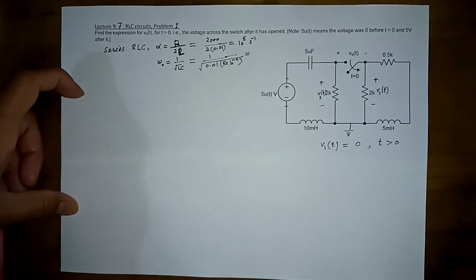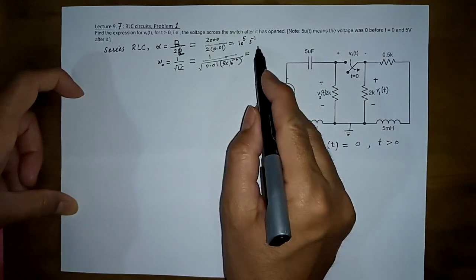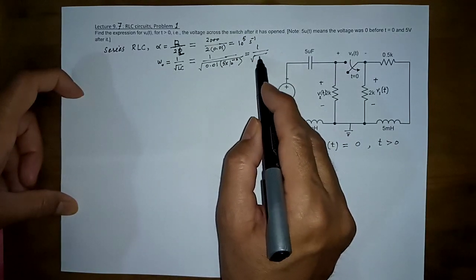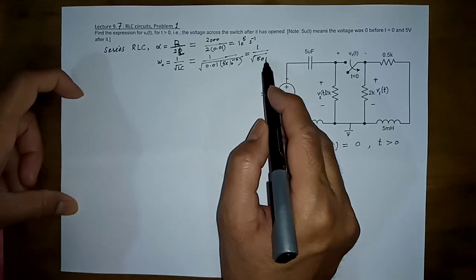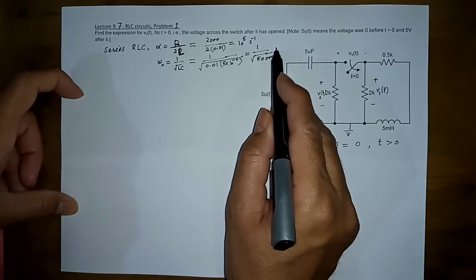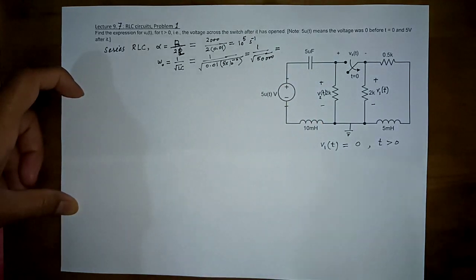I am very slow with these things. So we are going to get 1 over the square root of 50,000. Oh, sorry, it's 10 raised to the power minus 6. I have taken it as 10 raised to the power 6. Again, you see, I am very bad with calculators.